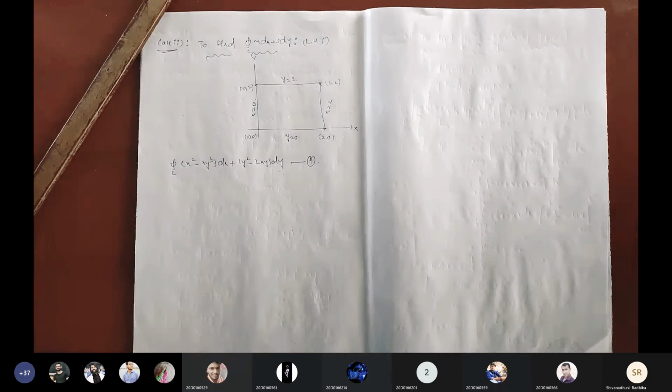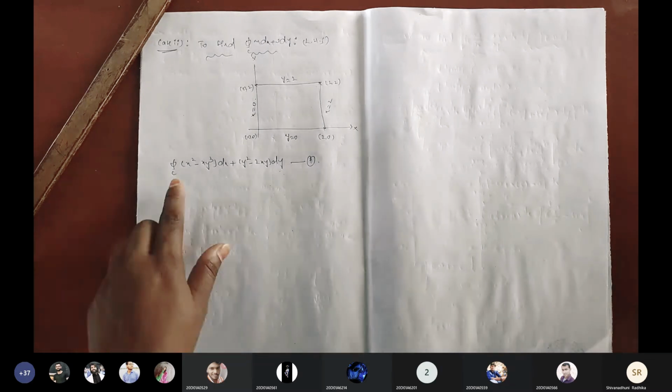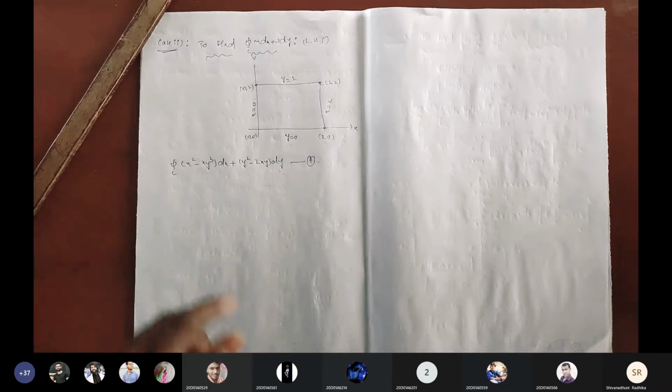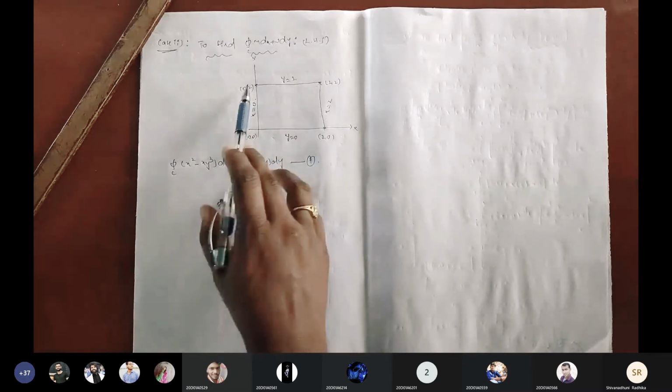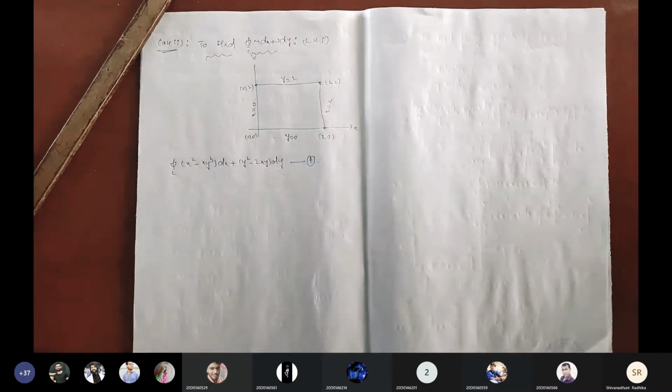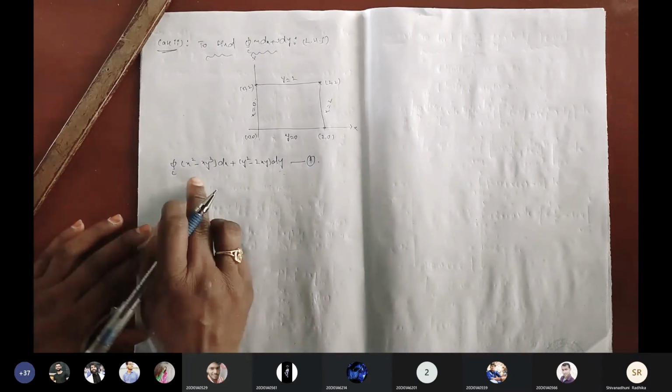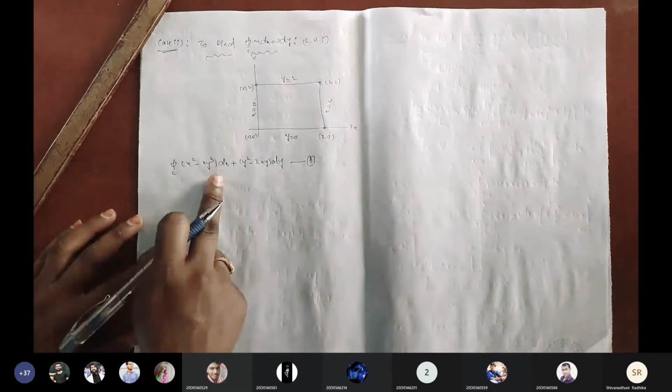So this is equation number 1, where C is the curve, and the curve is the square with these 4 vertices. Using these vertices, we are getting the square. Now we are going to find this one.